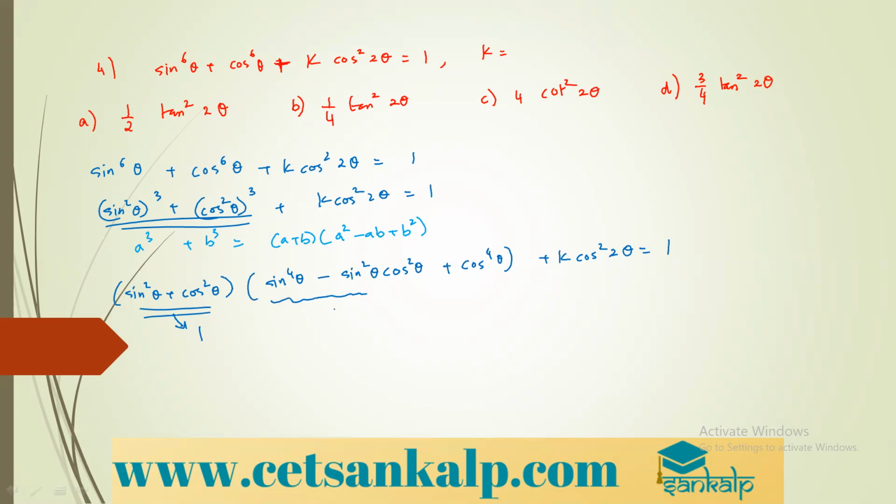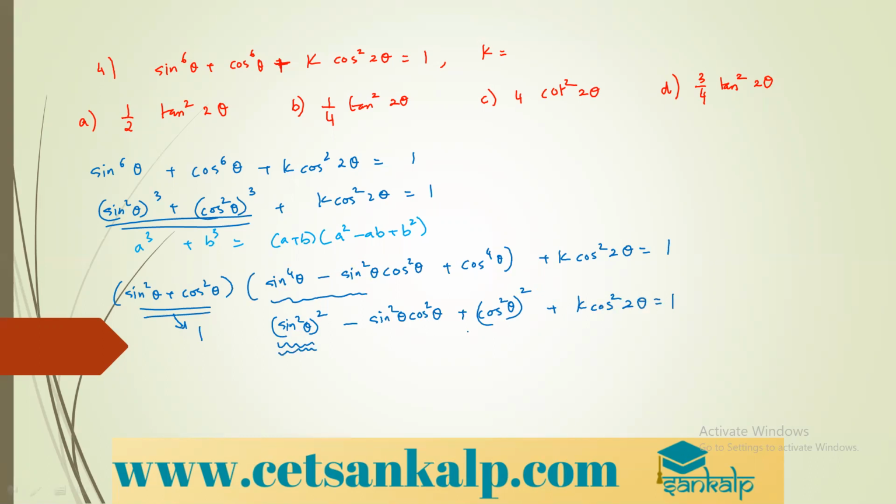I have to take sine power 4 theta. So I will write sine square theta whole square minus sine square theta cos square theta plus cos square theta whole square. And finally, k cos square 2 theta equal to 1.